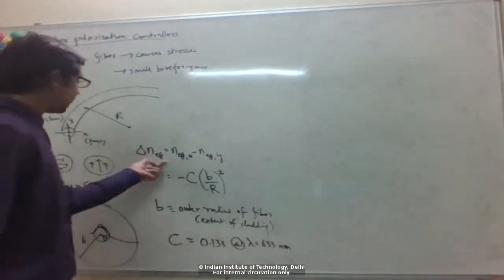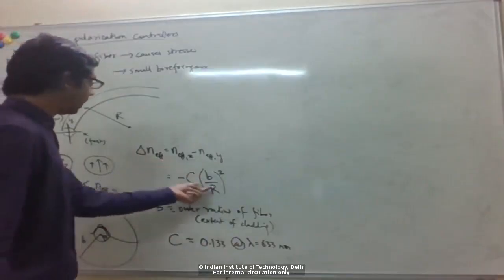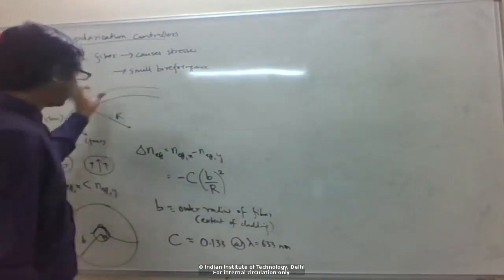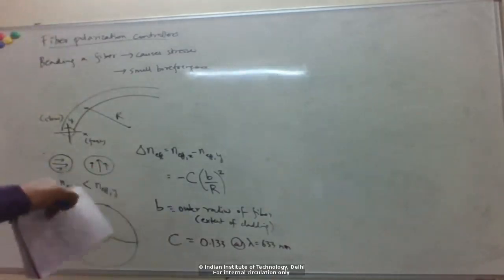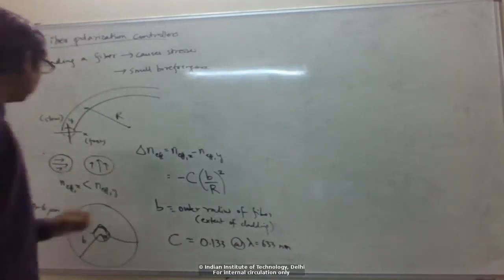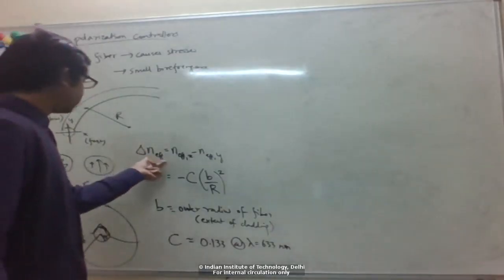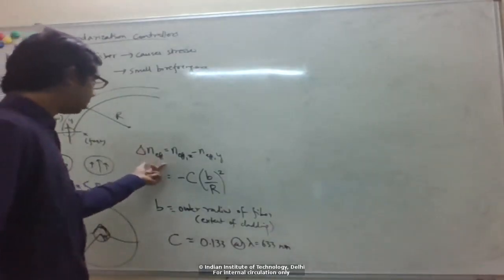So we can estimate the birefringence that we get depending on the bend radius. If we take a fiber and controllably bend it with a particular radius of curvature, we can induce a birefringence of a particular amount.